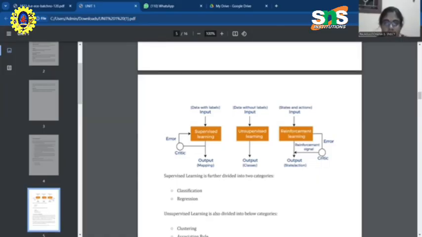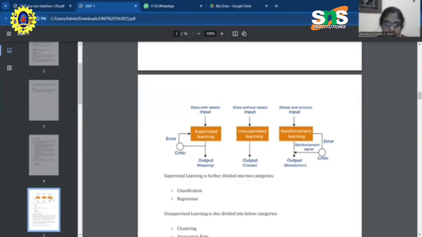Mapping is classification, and in case of unsupervised learning, it takes data without labels, that is unlabeled data, and it produces classes. In case of reinforcement learning, it is purely based on the various states and action. Again, the state and action is produced as the output based on a trial and error method.